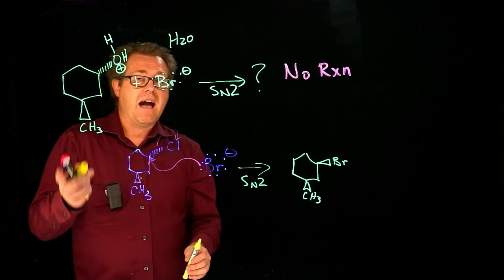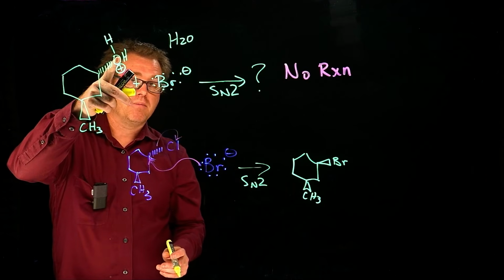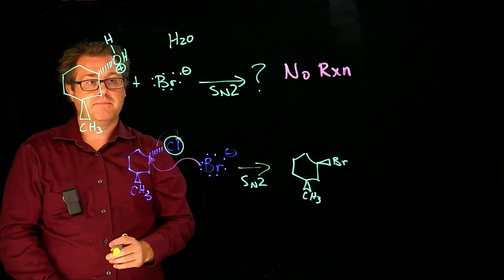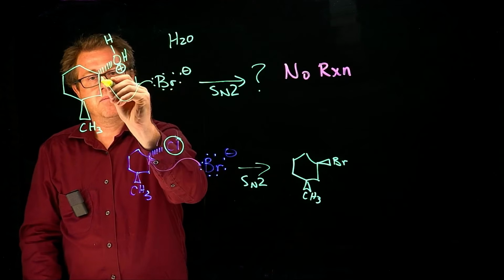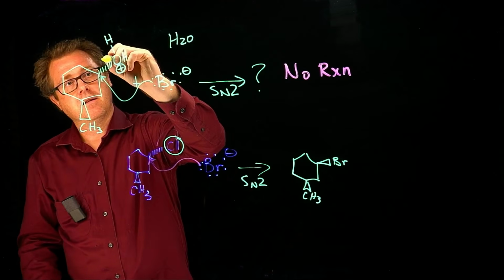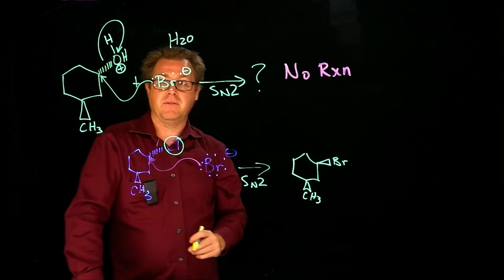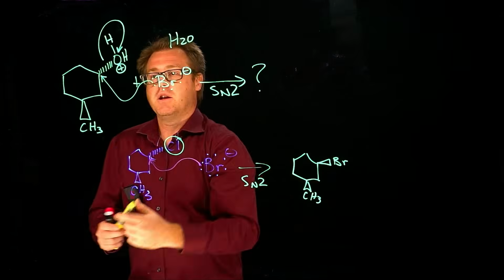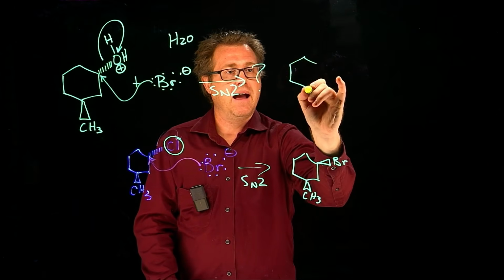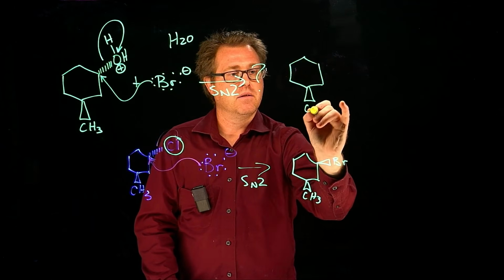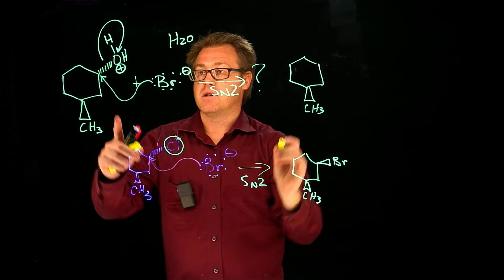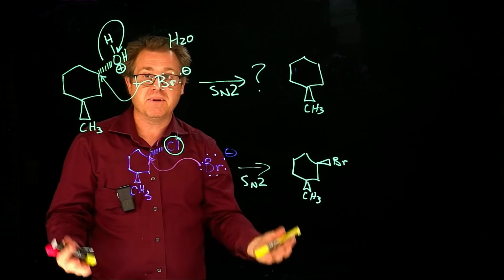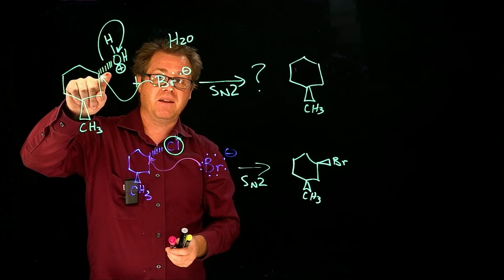So the same thing happens when you have a protonated alcohol. You treat it just like a halide. So that's going to come in, backside attack, and the leaving group leaves. Backside attack simply means the opposite orientation as the leaving group.